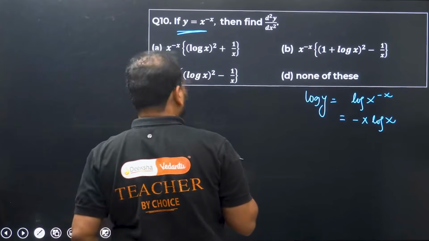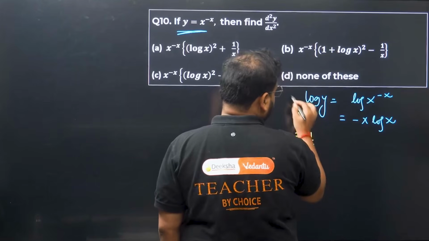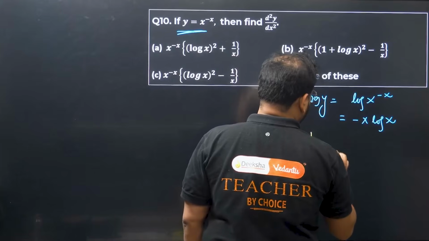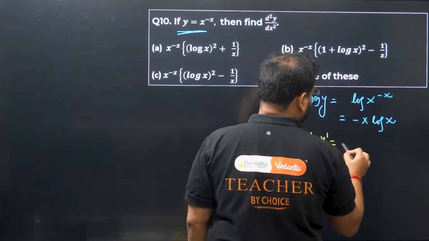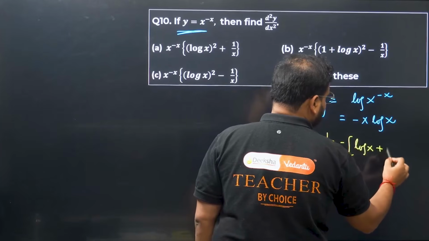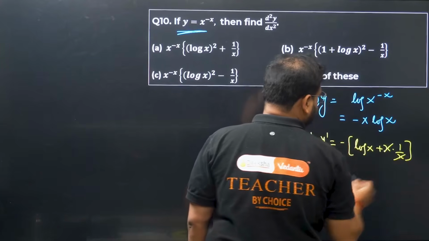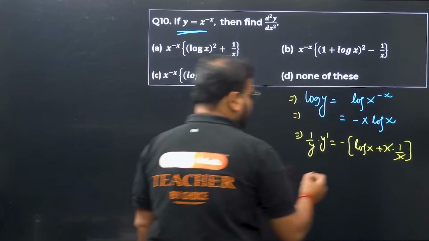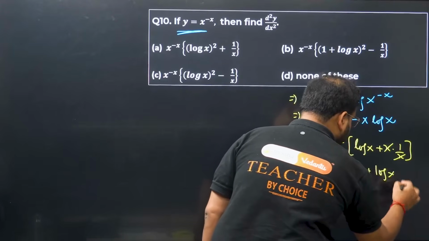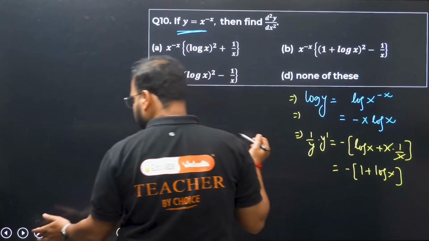You'll have 1 by y times y dash equals the derivative of this, which will be simply log x plus x as it is. Derivative of log x is 1 by x, so x and x cancel. I'm getting minus 1 plus log x, but of course we'll have to multiply this with y also.